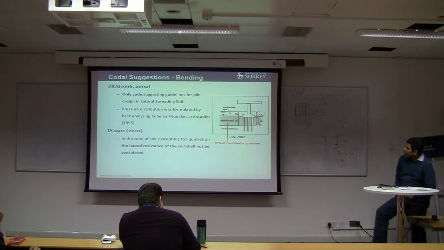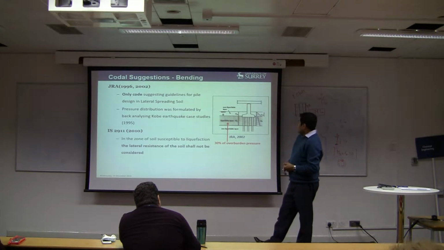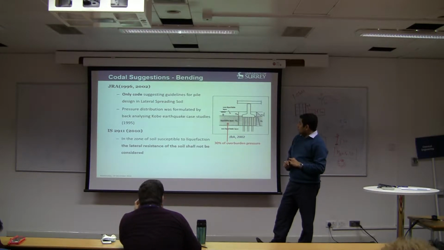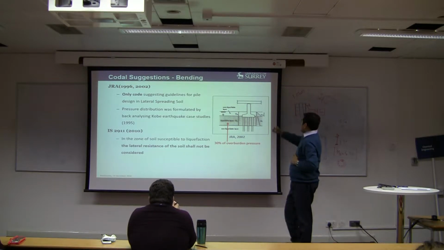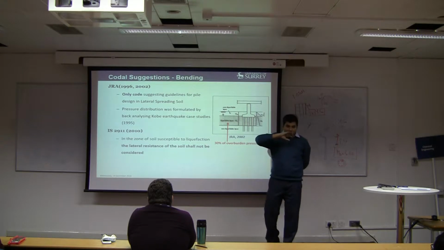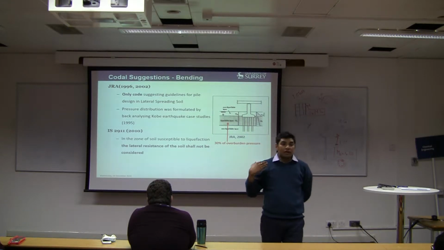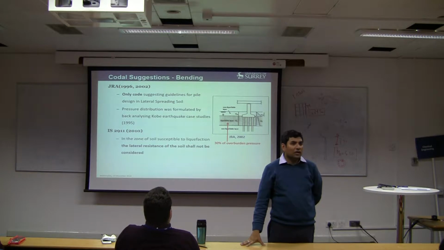In terms of codal provisions, what does the code say? How to take into account the lateral load? If you look at the Japanese code of practice, suppose you have a non-liquefied crust. For a soil to liquefy, there must be water, isn't it? If there is no water, it won't liquefy.